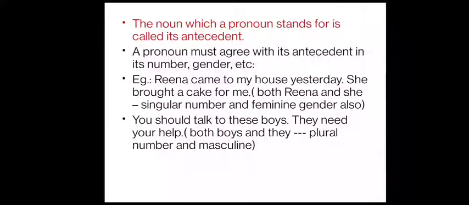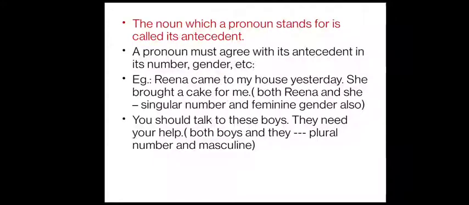She bought a cake for me. Both Dina and she are singular in number and they belong to which gender? That is feminine gender. So over here, Dina is the antecedent. Why? Because it is telling about the number and the gender also, and the gender is feminine and the number is singular.